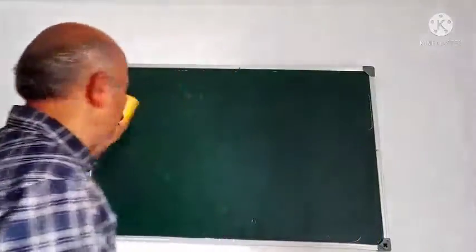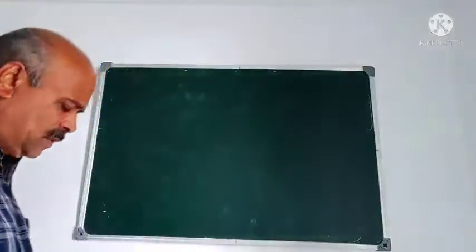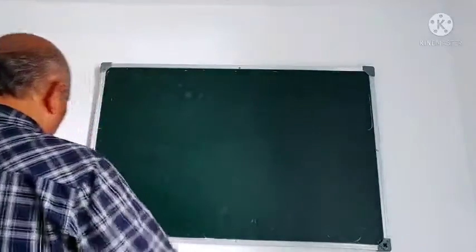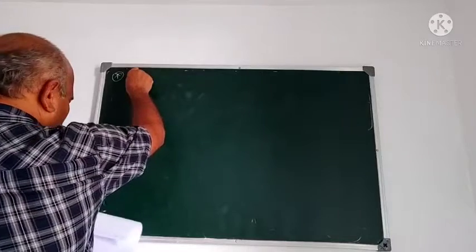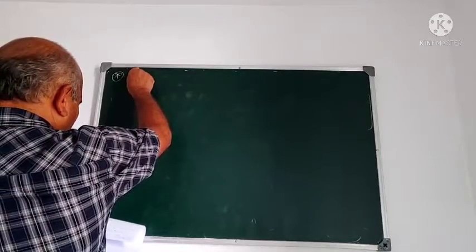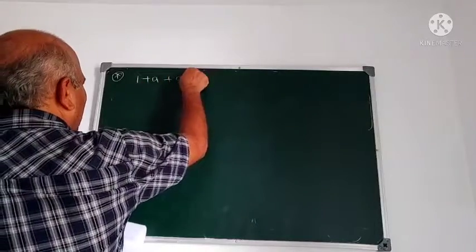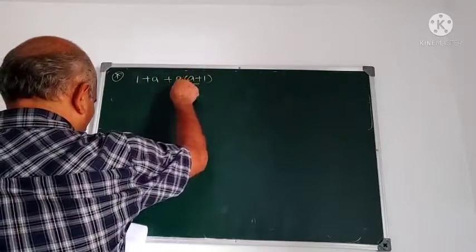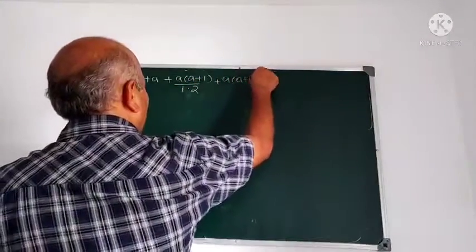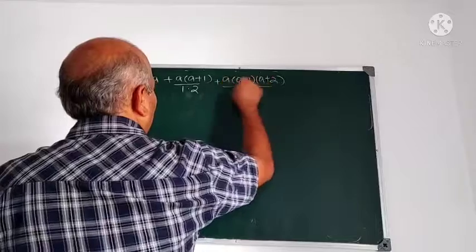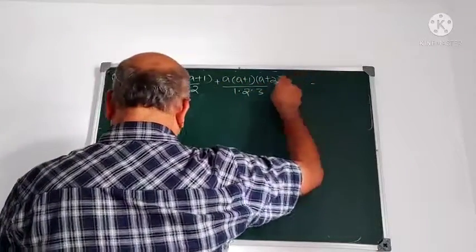One more problem. Test the convergence of the series whose nth term is 1 plus a plus a into a plus 1 by 1 into 2, a into a plus 1 into a plus 2 by 1 into 2 into 3 plus so on.